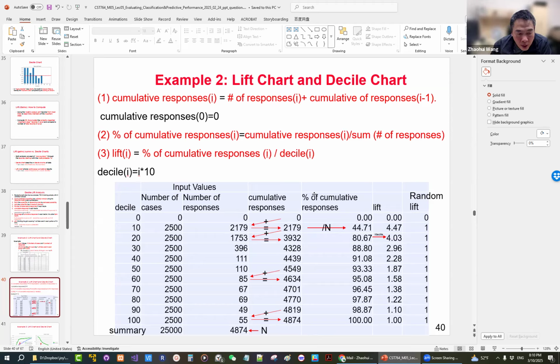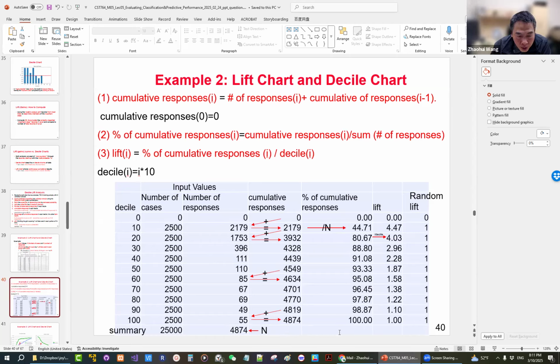Then we calculate the next column, the percent of cumulative response. We divide the cumulative response by the total number, 4874, which is the highest value in the cumulative response column.